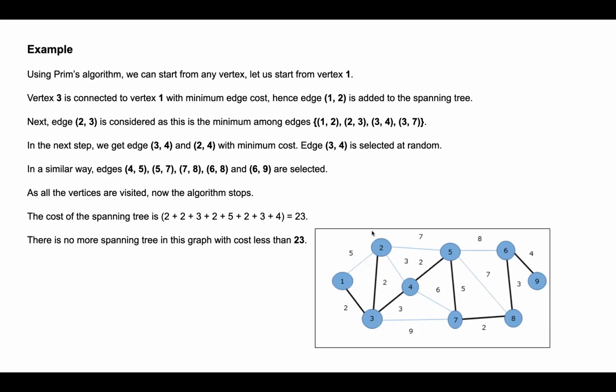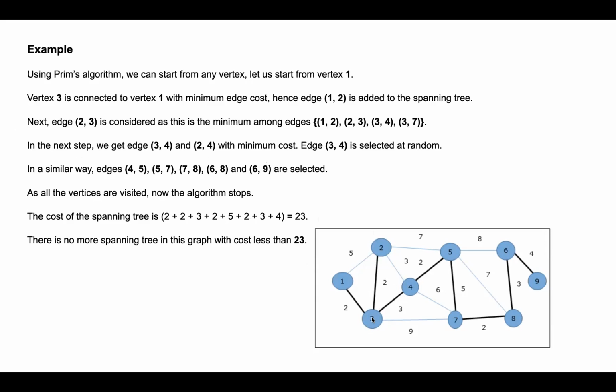Then in the next step we get edges 3 to 4 and 2 to 4 with the minimum cost. Now we deal with vertex 3 and vertex 2.